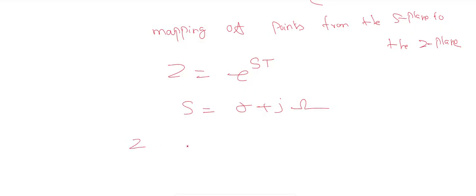In polar form, you can represent Z is equal to r into e power j omega. Now substitute into z equal to e power sT, with S equal to sigma plus j omega.